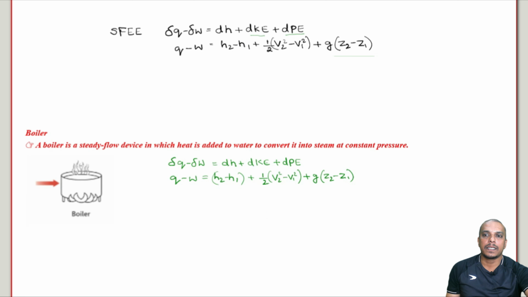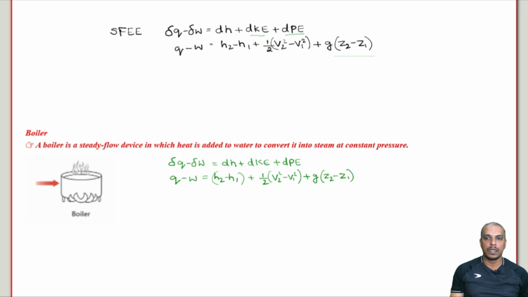Now, let us start with a boiler. Do we know what boiler exactly means? The boiler which we are talking about here is a boiler used in a thermal power plant, where heat is added and water is getting converted into steam at constant pressure.